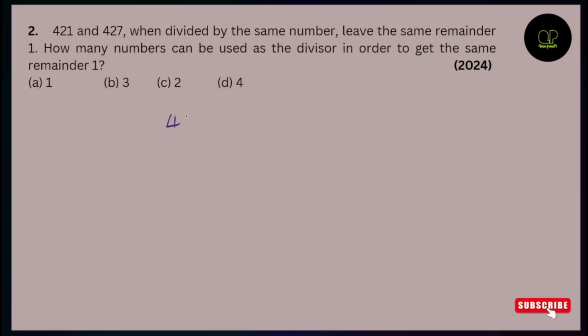As I said, 421 is the dividend, right? I can write it as the same number n into quotient q1 plus the remainder 1. Similarly, 427 also I can write as the same number n into some other quotient q2 plus the remainder 1.